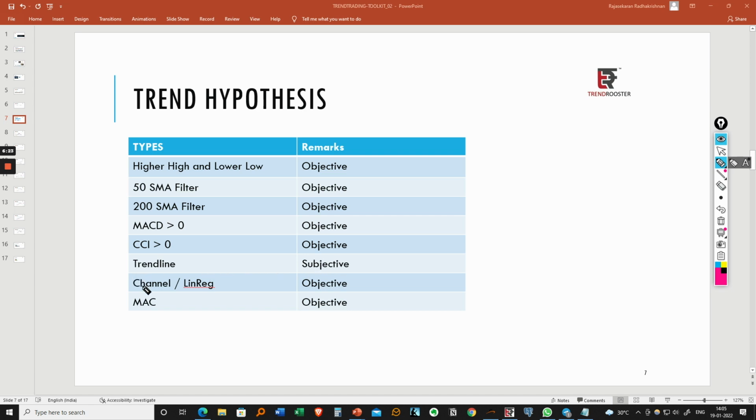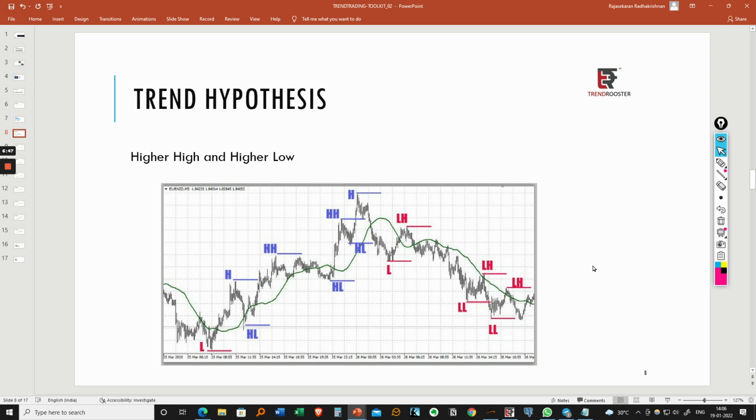Okay, channel, like a price line channel or linear regression, it's objective. If you apply that, you will see the trend. MAC is nothing but a moving average channel. Okay, that is also objective. So we're going to dive deep into each of these types of trend identification. Let's move on to it.